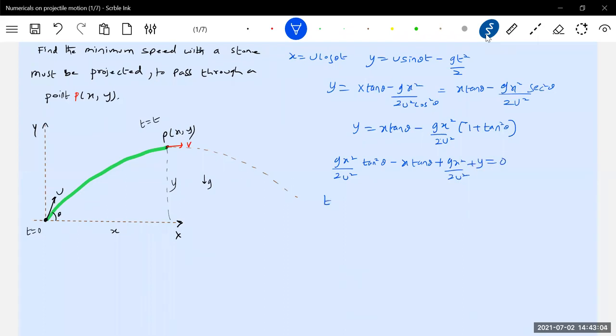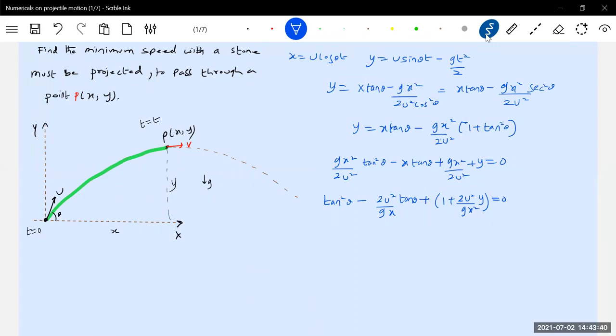For this, let me write tan square theta minus 2u square by g x tan theta plus 1 plus 2u square by g x square y equals 0. I think I'm right. Okay, fine. Yeah, this is the thing.